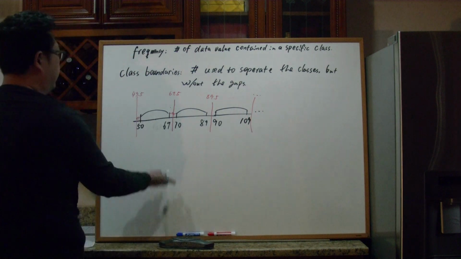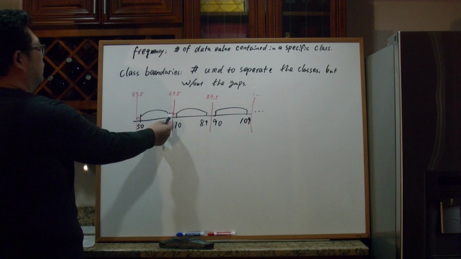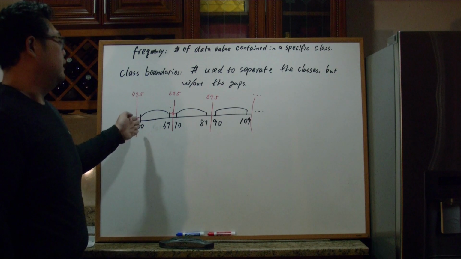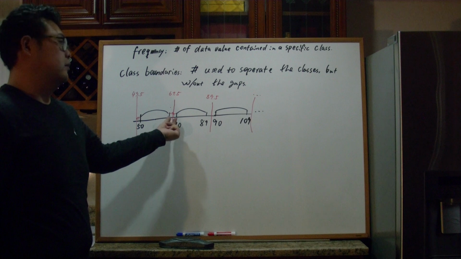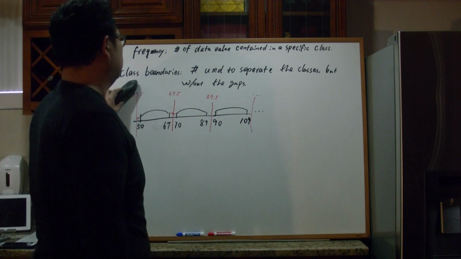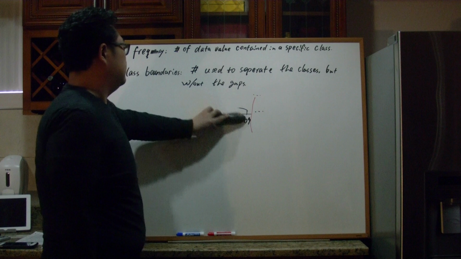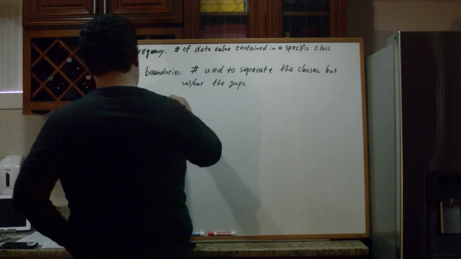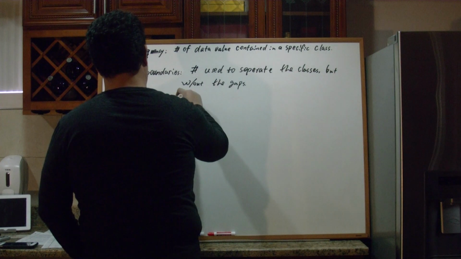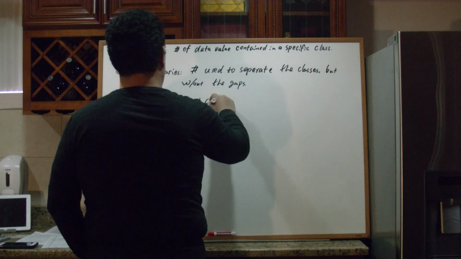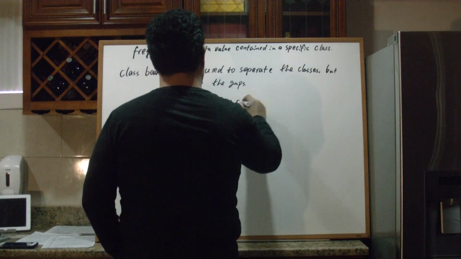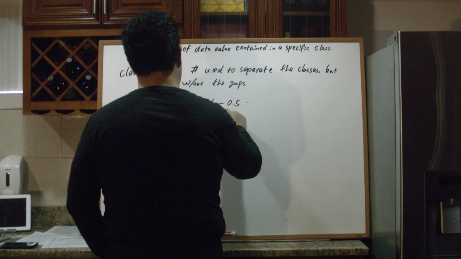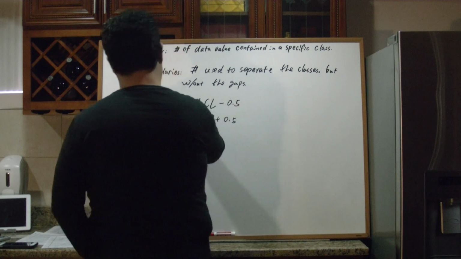Then of course, like the class limits, we have the class boundaries. Here the gap between two classes is 1. So that rule is always correct: the lower class boundary is the lower class limit minus a half, and the upper class boundary is the upper class limit plus 0.5.